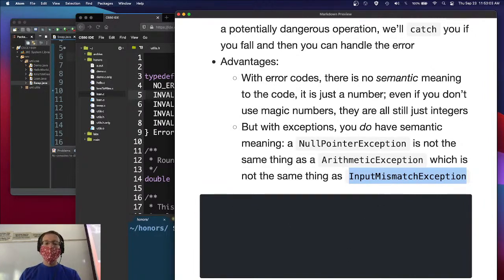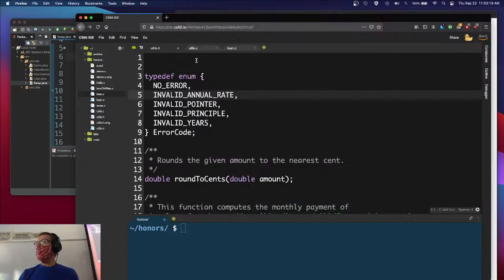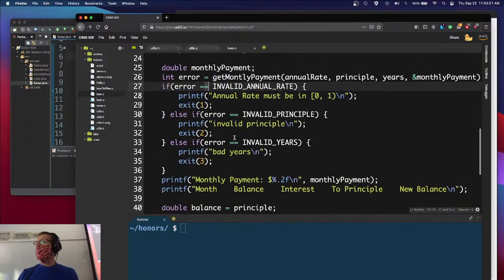So here, it's a much stronger notion of error handling. And there is a consequence to this, and I don't have an example to show you, but often defensive programming leads to these huge nested and separate error handling and goto-fail type scenarios. You've seen it here in the small. Over here in loan, I had to go: if this type of error, if this type of error, if this type of error, and then do your actual work.